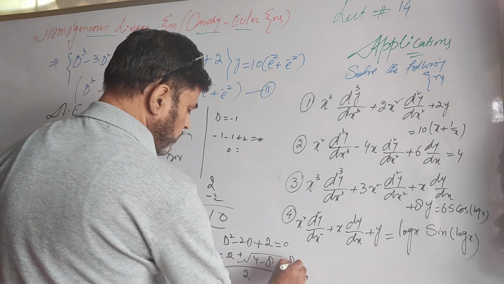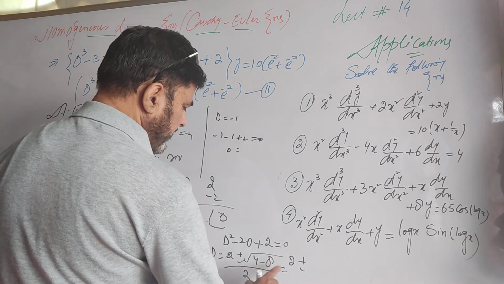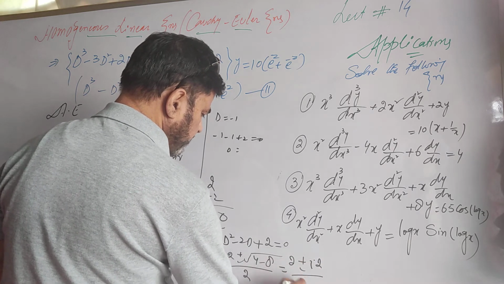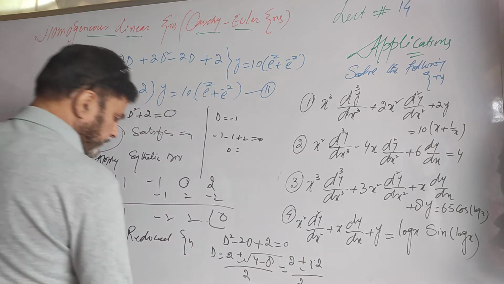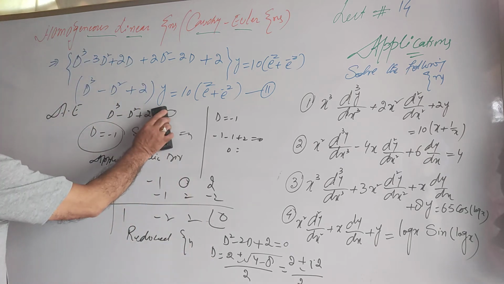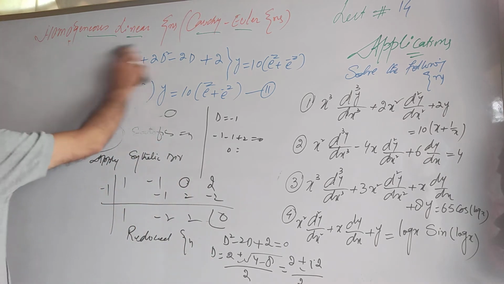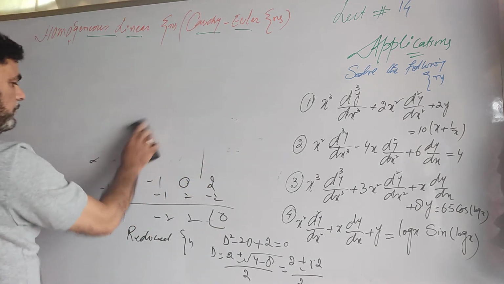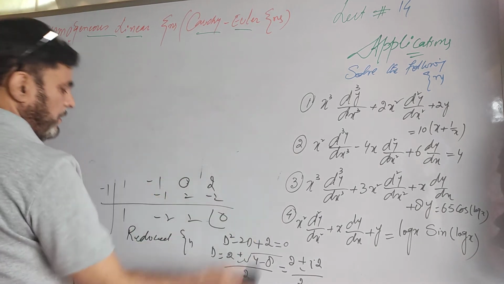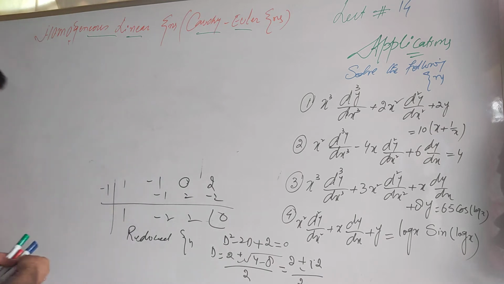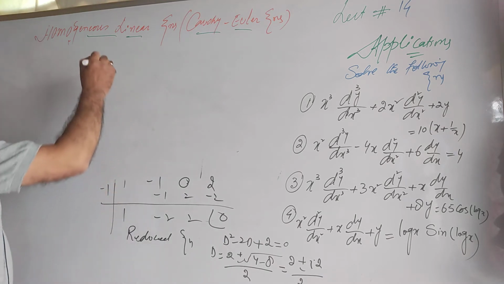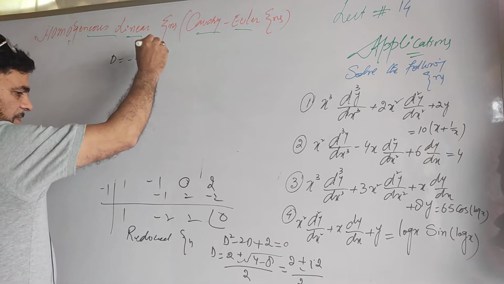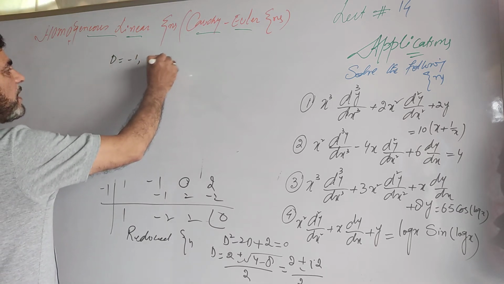This is equal to 2 plus minus under root of minus 4, it is actually 2 iota, by 2. Then you have D is minus 1, and 1 plus minus iota.